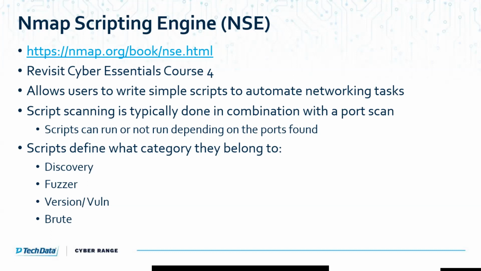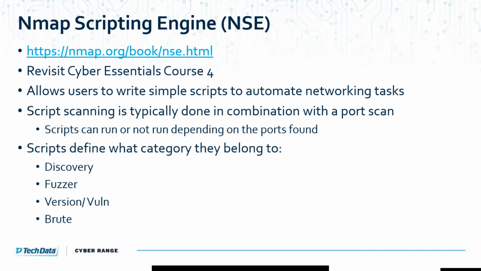It is typically done in combination with a port scan. So if you're doing a port scan with Nmap and you're leveraging the Nmap scripting engine for different aspects of enumeration, that's where NSE will come into play. And those scripts really can run or not run depending on the different types of ports or port information that is found.